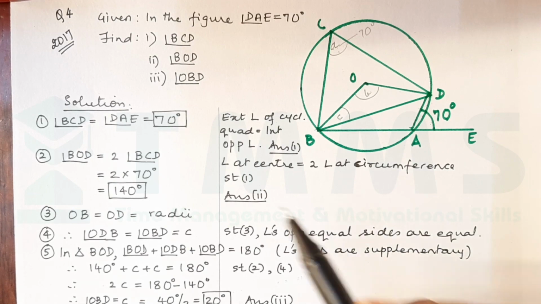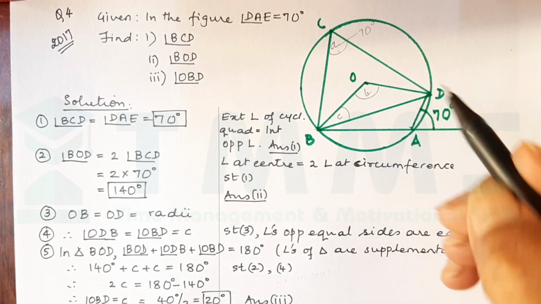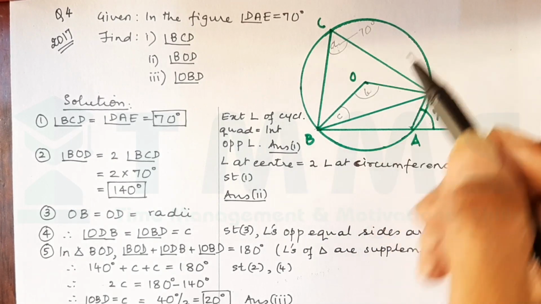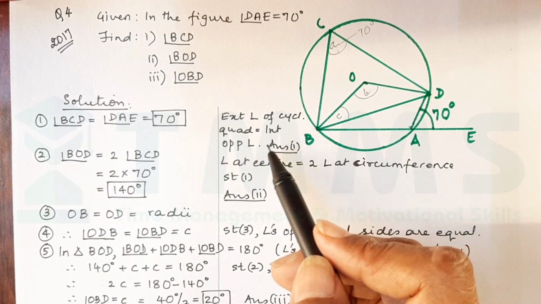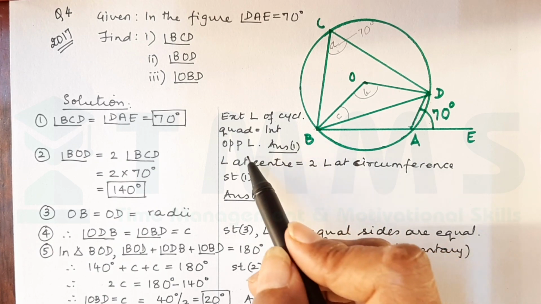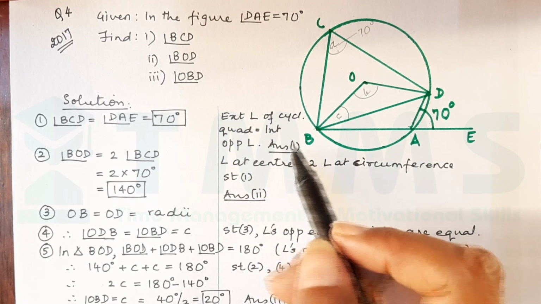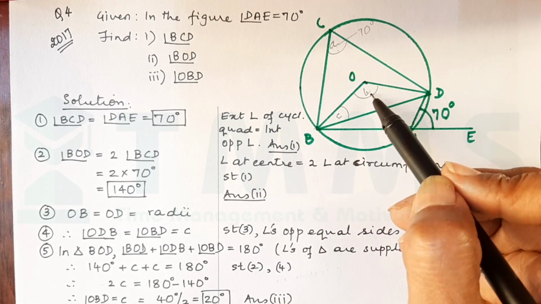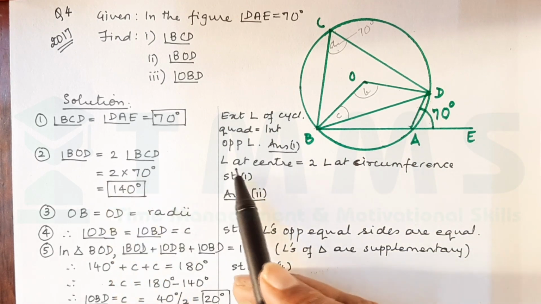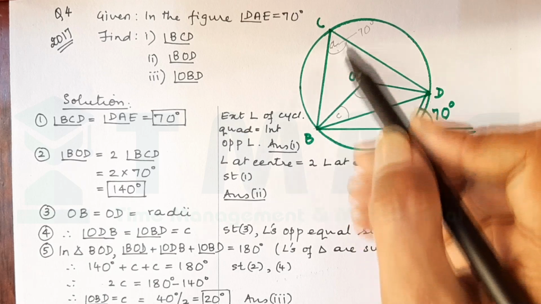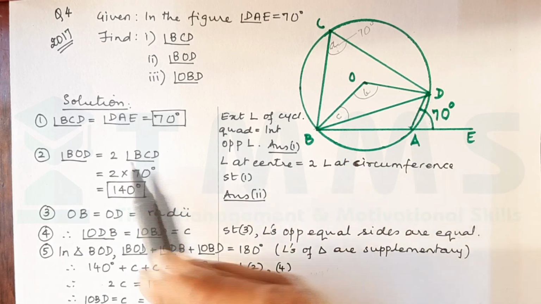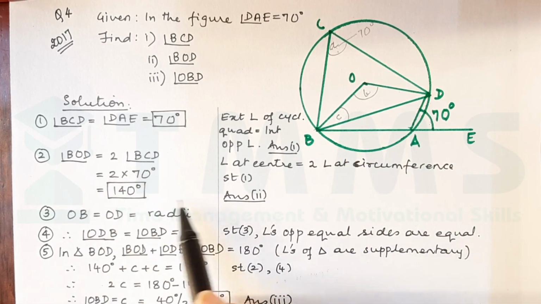Check your answer. The first one, this is 70, so this becomes 70. A is 70. So we wrote that exterior angle of a cyclic quadrilateral is equal to interior opposite angle. Then we said that this angle and this angle, how are they connected? Angle at the center, that is BOD, is twice angle at the circumference. So we write just that like so.